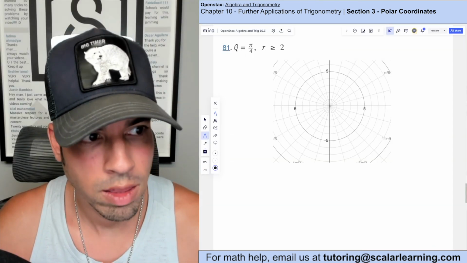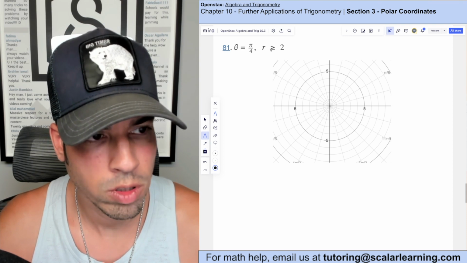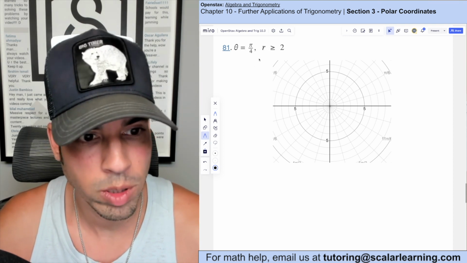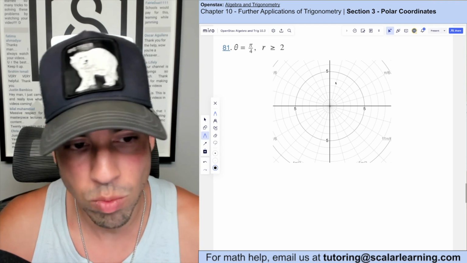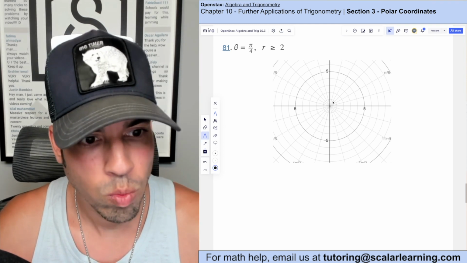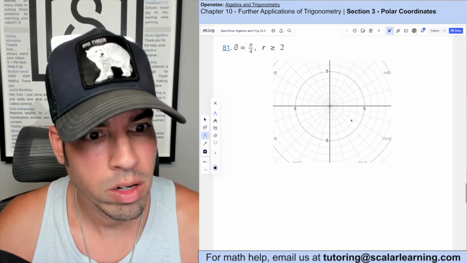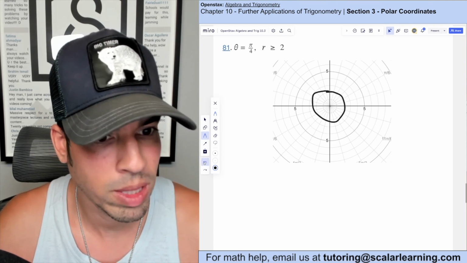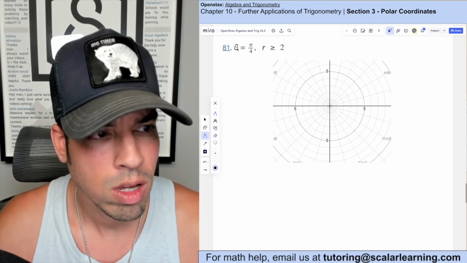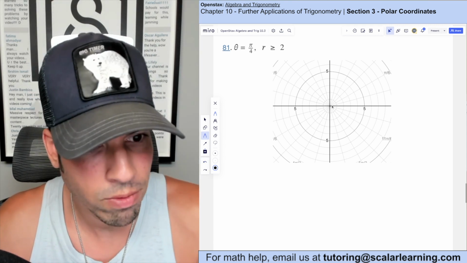Done. So for this one, we got theta is equal to pi fourths, and it's saying r is greater than or equal to 2. So again, r refers to how many circles out we are, the radius, right, from the center. So 1, 2. So r is greater than or equal to 2. But then we're given a set angle of pi fourths. Where does pi fourths occur?